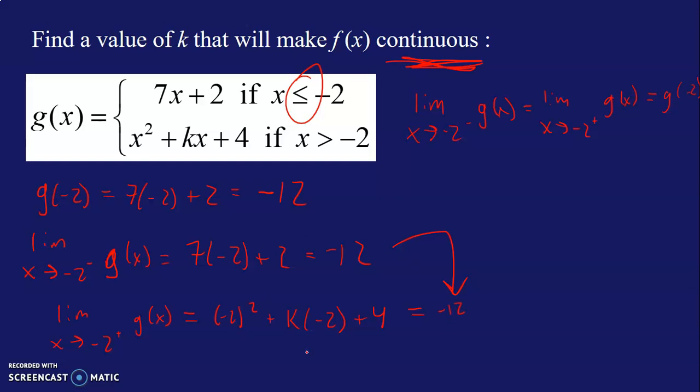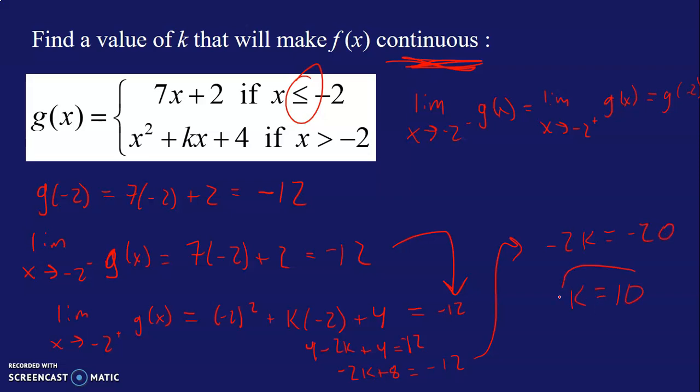So now let's work it out. 4 minus 2k plus 4 equals -12. -2k plus 8 equals -12. Subtract the 8 over. So -2k equals -20.